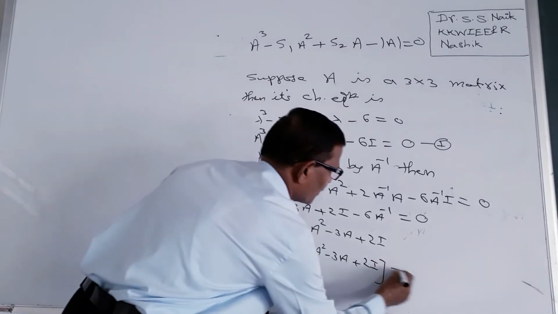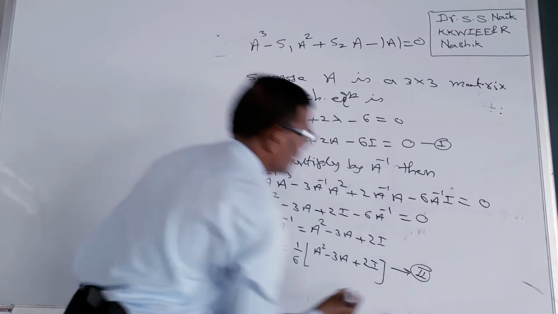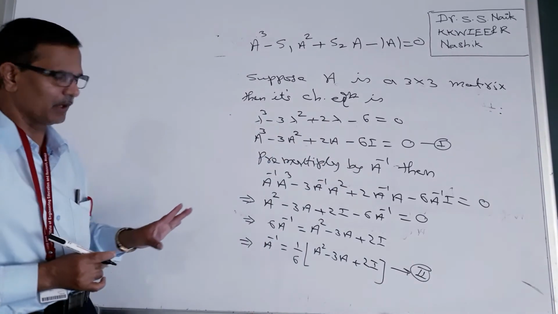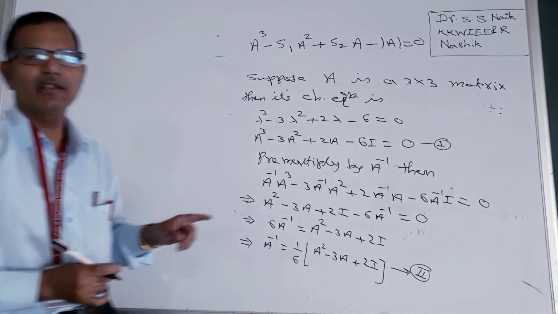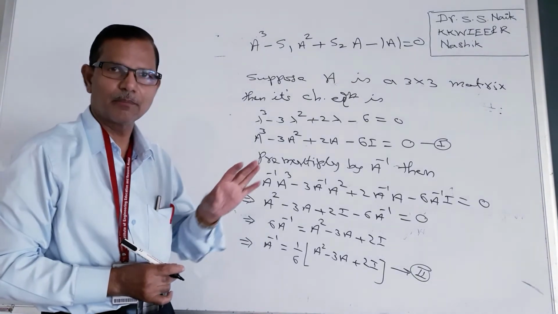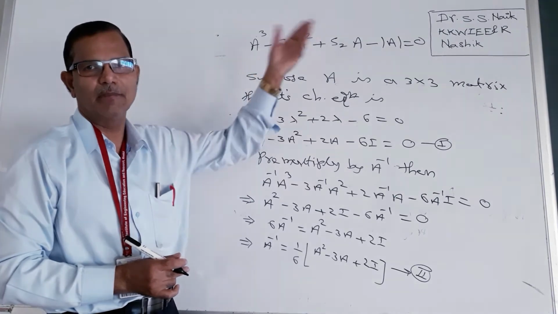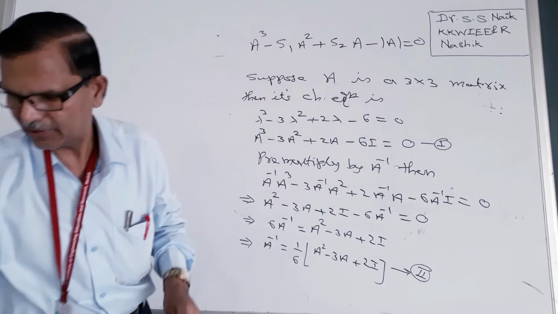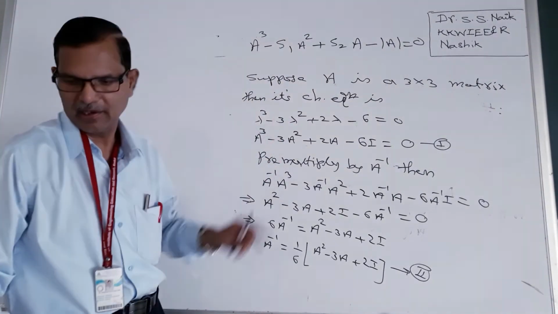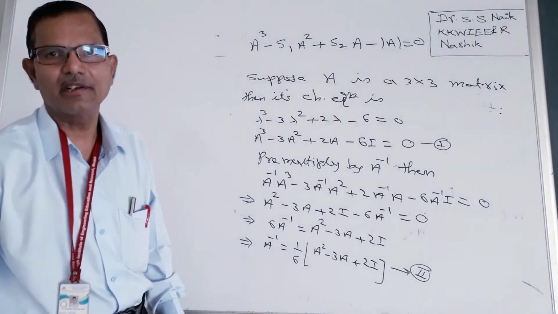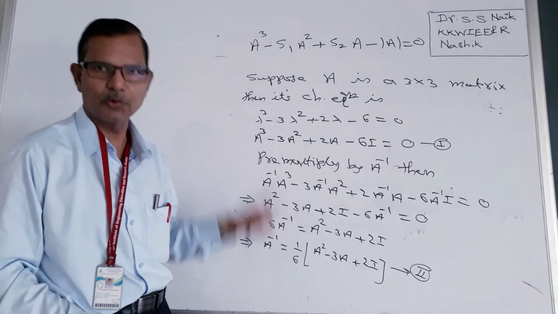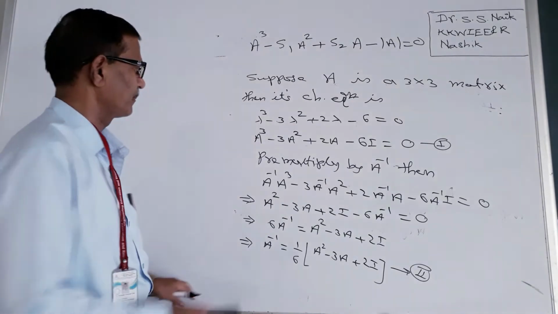This is equation number 2. This equation number 2 is used to find A inverse of the given matrix by using its characteristic equation. So this is one use of the Cayley-Hamilton theorem.